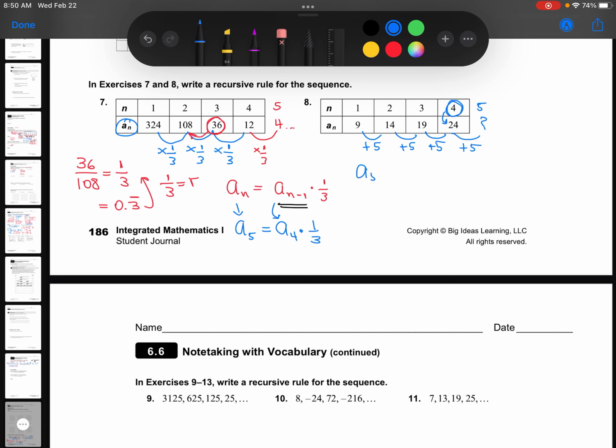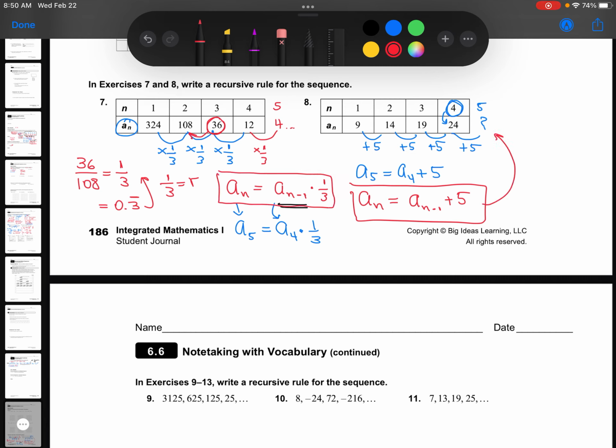So I would say a sub 5 is a sub 4 plus 5, as you can see. But I want to give it in general terms, so for a given term, in order to generate it, I'm going to take the previous term and add 5 to it. That is the recursive rule for this sequence, and the one you see here is the recursive rule for this sequence.